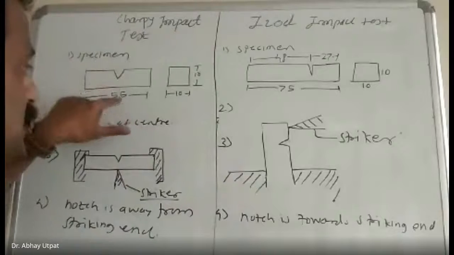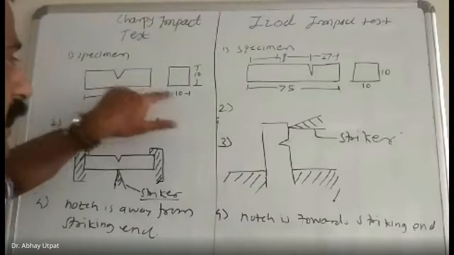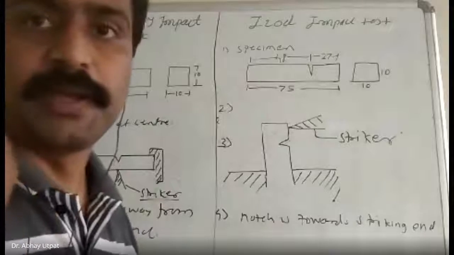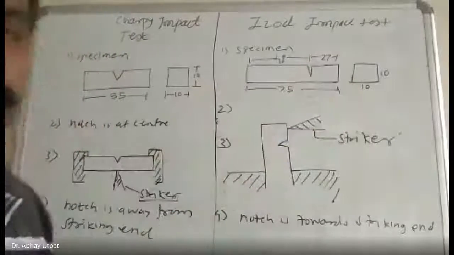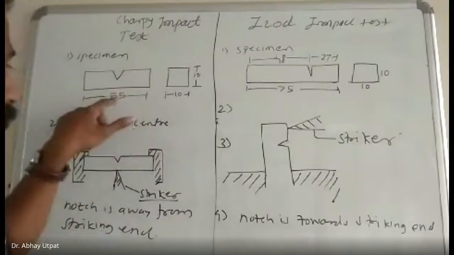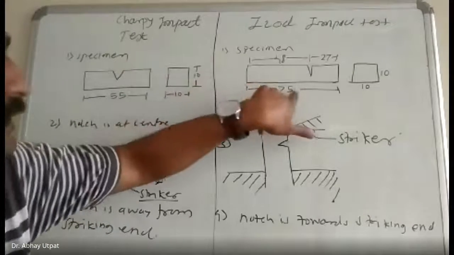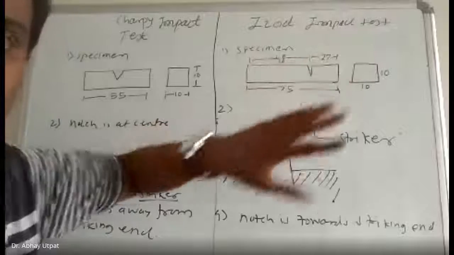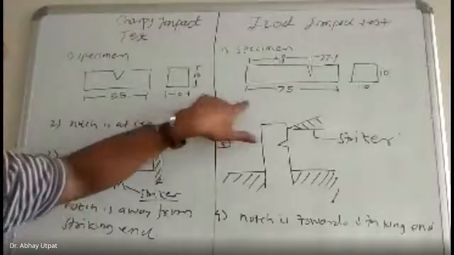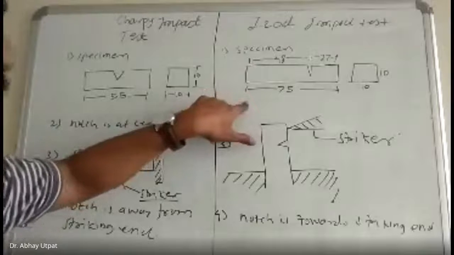First, specimen is 55 by 10 by 10. This side, specimen is 75 by 10 by 10. Now you have to draw the figures of the specimen. This is point 2. Notch is at center, and here notch is away from the center.